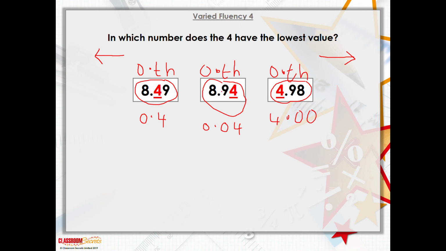So here we have 4 tenths, 4 hundredths, and 4 ones. So if we apply the rule that the further down to the right our place value system is, the lower our number, this 4 is our lowest value. It is 4 hundredths.